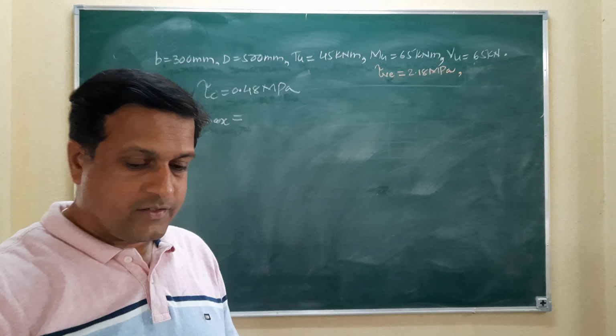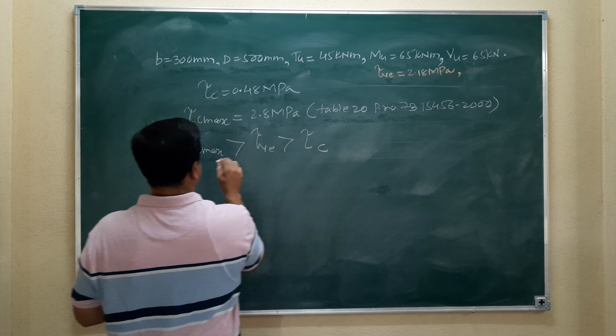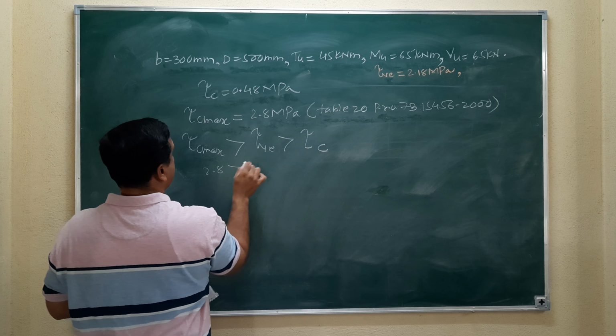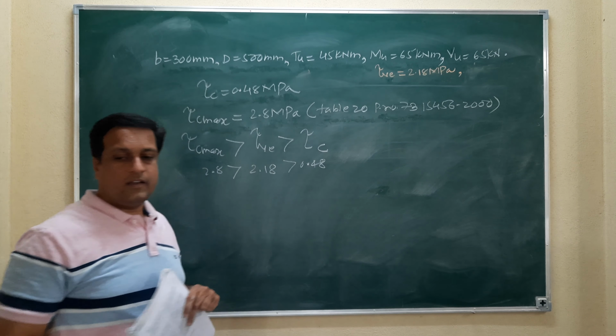Now we have the three stresses: tau VE, tau C, and tau C max. Compare these three stresses. Tau C max is more than tau VE, which is more than tau C. It is 2.8, more than 2.18, more than 0.48. So what is our remark?